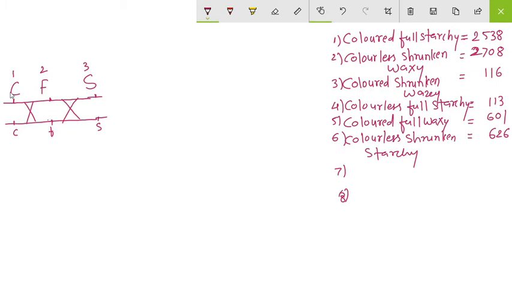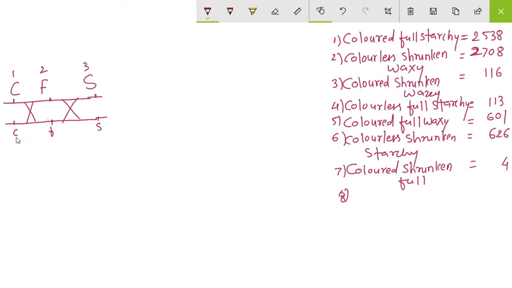This capital C goes with this small f and it again goes with the capital S. And therefore, that is the colored, shrunken and full. Colored, shrunken and full. And they were 4.